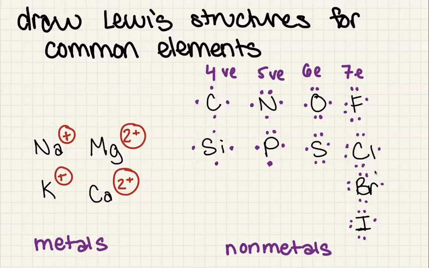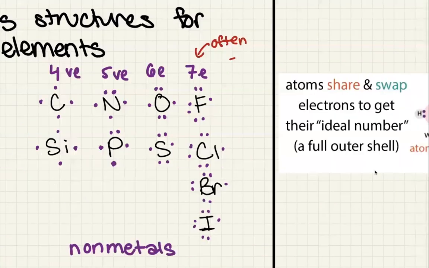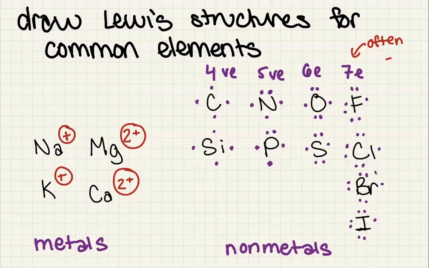And so these ones are often going to be negatively charged, because if they just gain one more electron, they'll have their full outer shell. And then they can serve as counter ions for our metals over here.